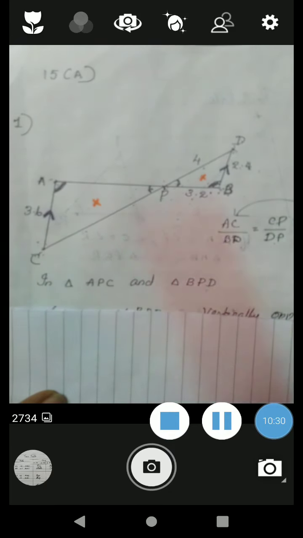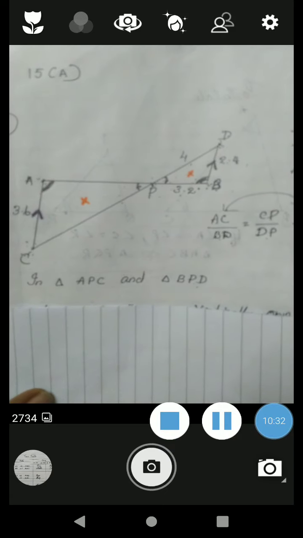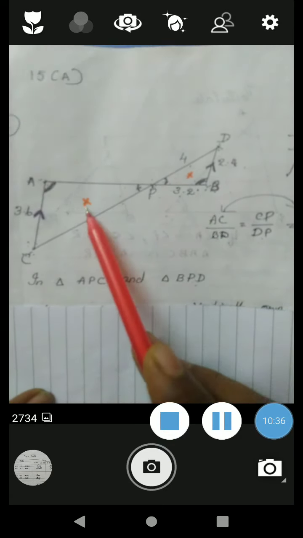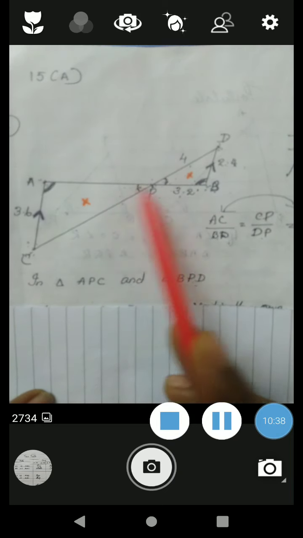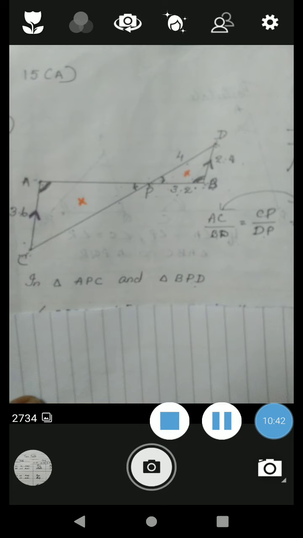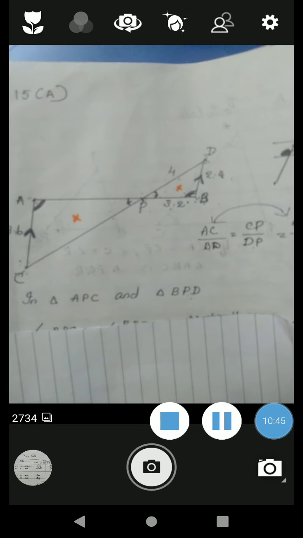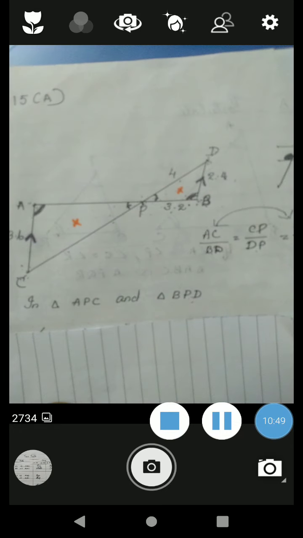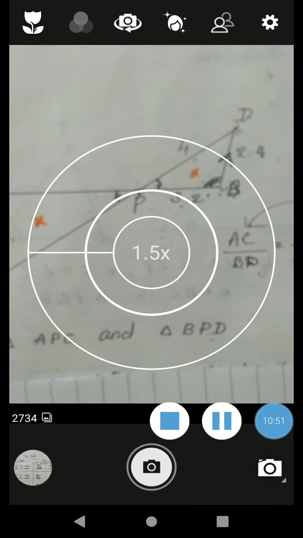First we can prove these two triangles are similar. You can see the two triangles. You have to prove these two triangles similar. We can consider these two triangles as usual.